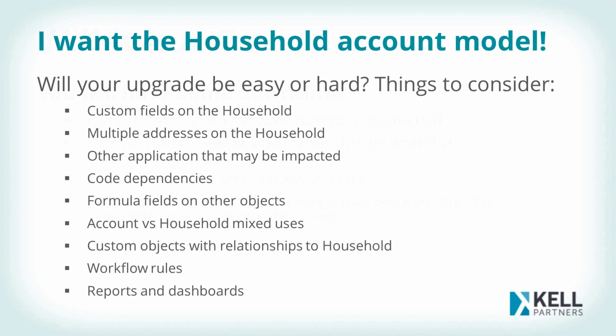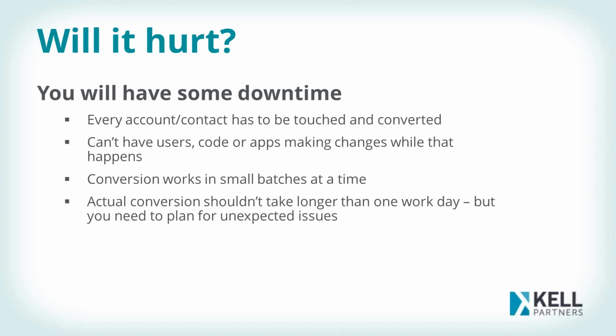So like I said, you can't have users. The way the conversion process works is the more accounts and contacts you have, more households, the longer it's going to take. So even if you don't have a lot of customization, but you have 200,000 households, it's going to take a long time because there's code that goes on in the background, and the batch size of how many records can be converted at one time is really on the small side.